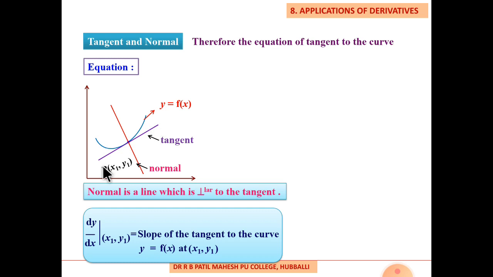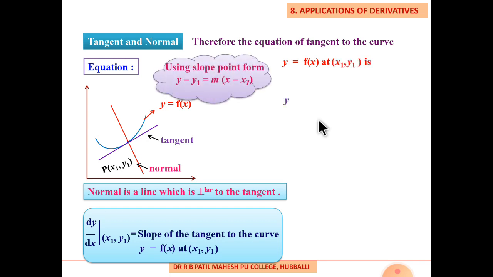Using the formula y minus y1 equal to m into x minus x1, the equation of the tangent is y minus y1 equal to dy by dx at (x1, y1) into x minus x1.